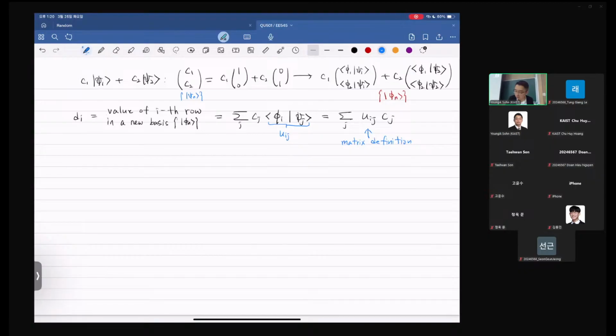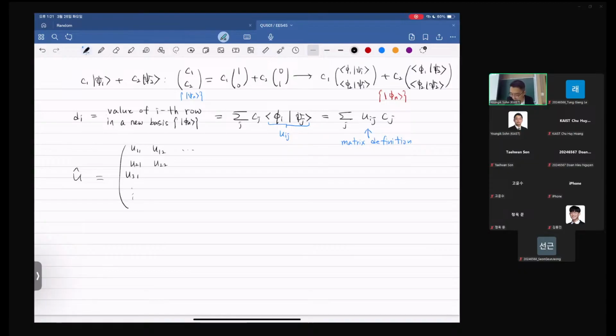So that U, if I make the matrix, a collection of that Uij, let me call that the U matrix or operator. U11 is the usual notation, U12, U21, U31, U22, and so on.